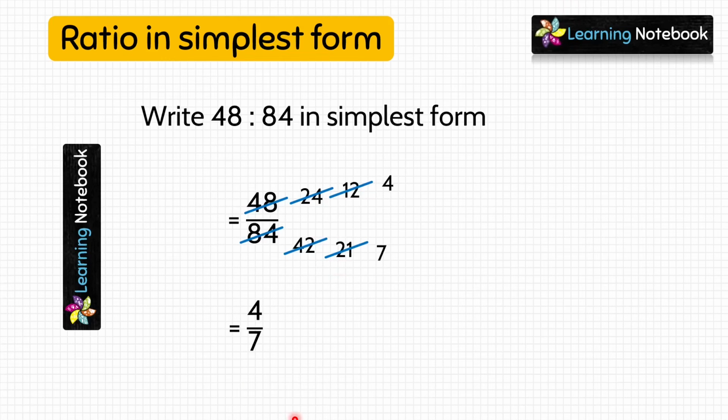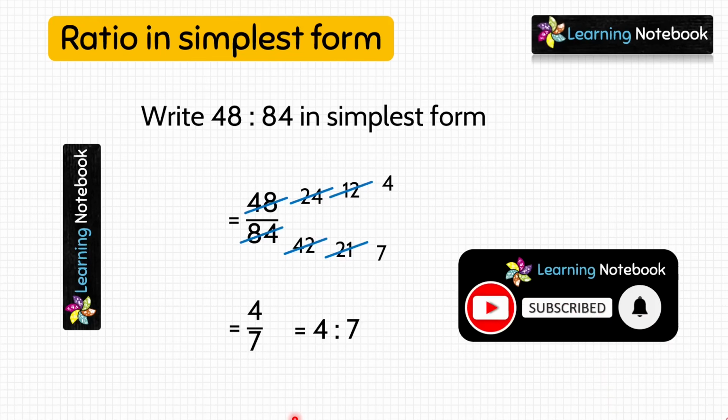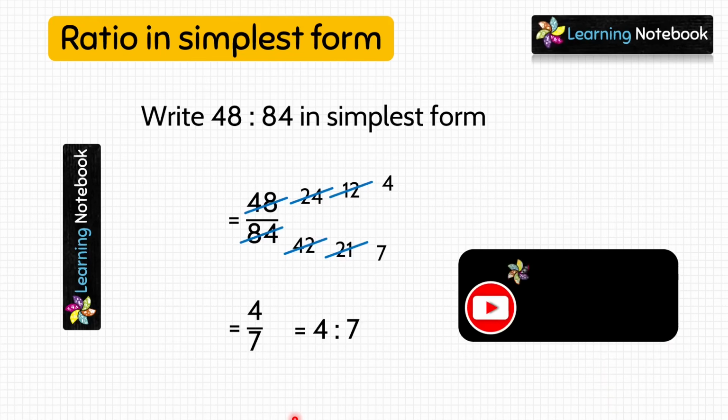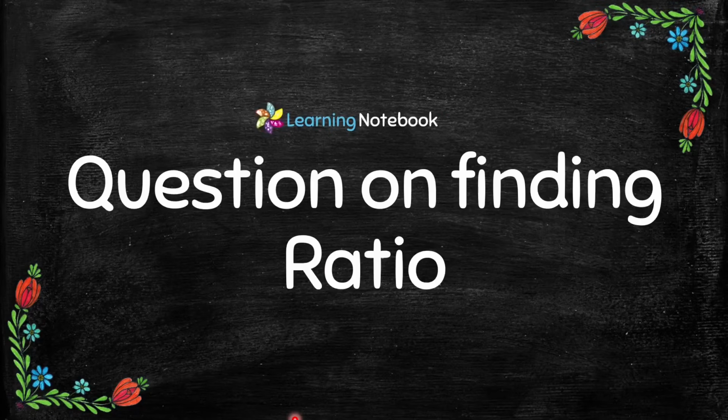Now, students, look at these two terms carefully. They have no common factor other than 1. So, 4:7 is the simplest form of 48:84. Now, we will do questions on finding ratio.